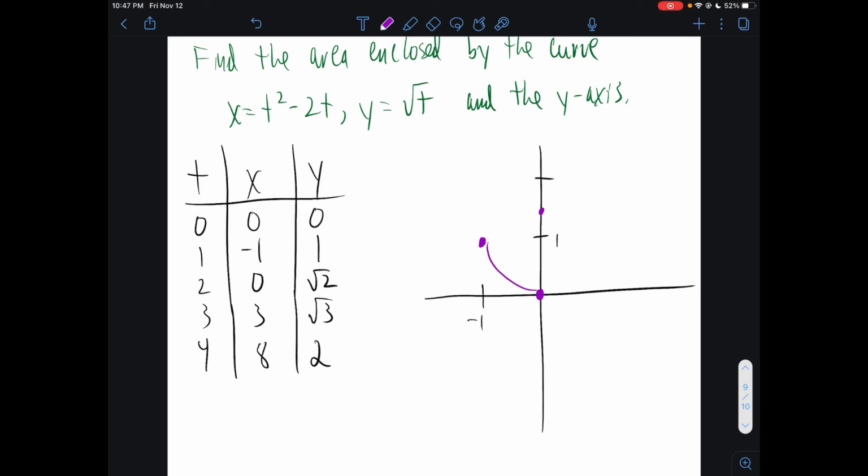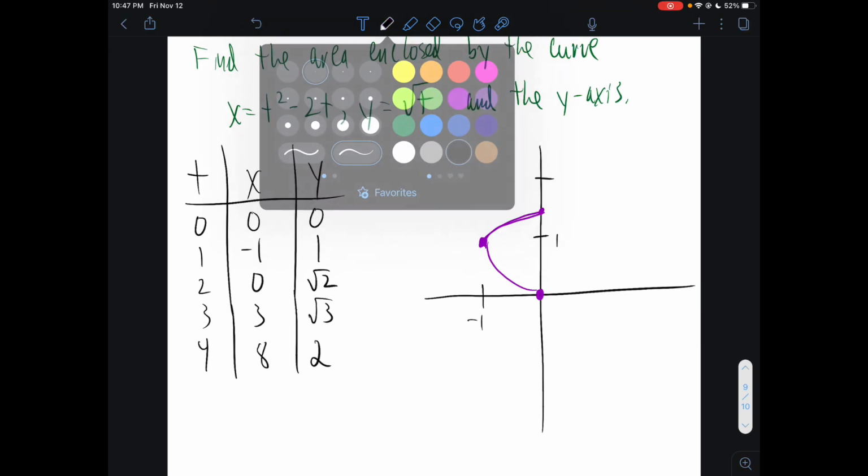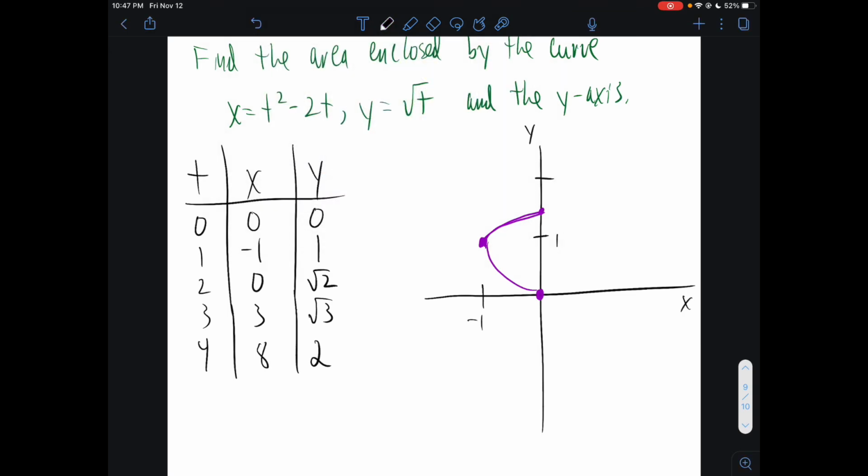So we're doing some sort of curve like that. So the area that we're looking for is just this little part here.